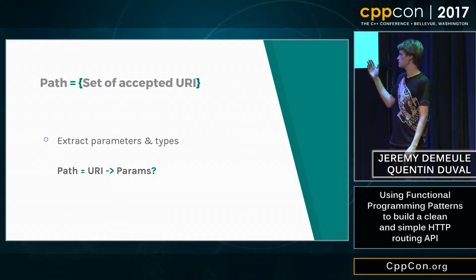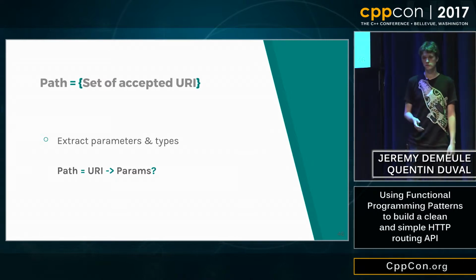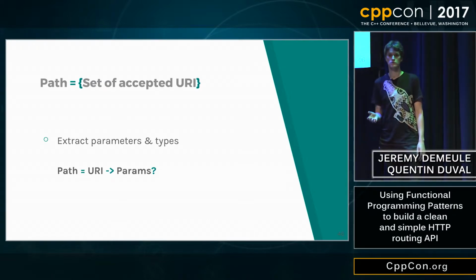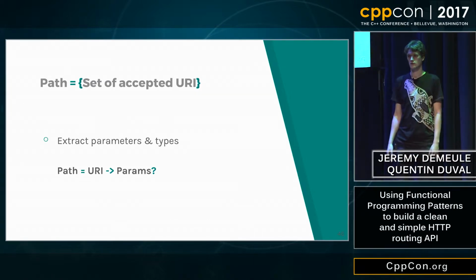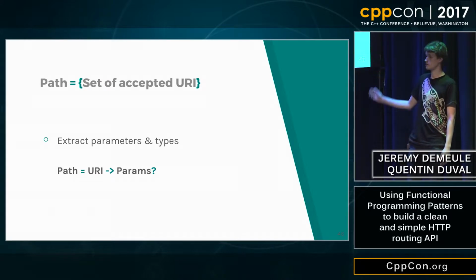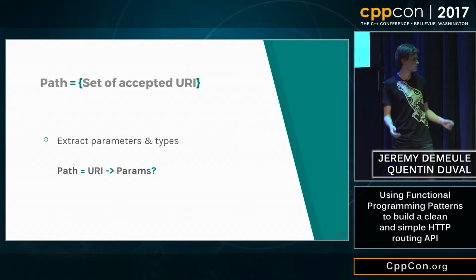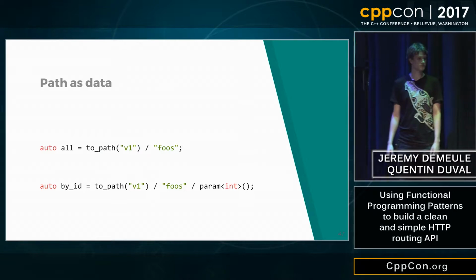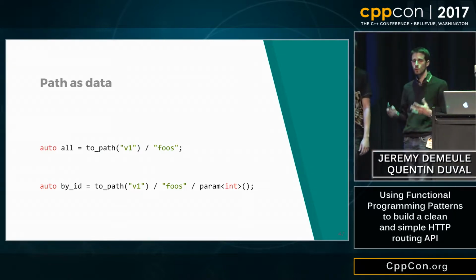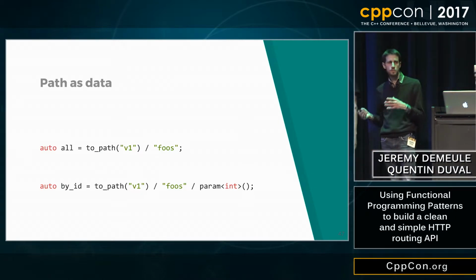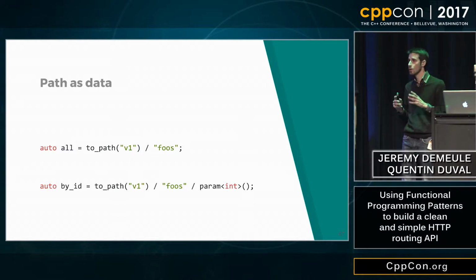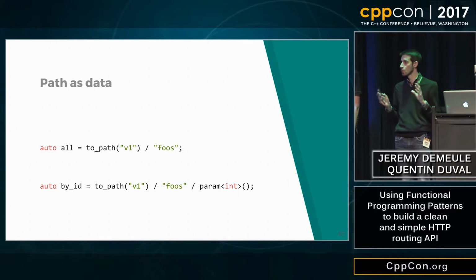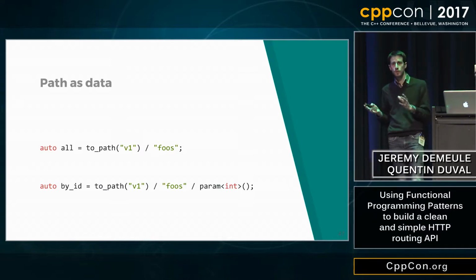So if we do this, we're going to refine our concept to extract the parameters and their types. And that gives us the definition of a path, which is a function from a URI to an optional tuple of parameters. Why is it optional? Because we may not match. So that's the semantic model. How would you translate it into code? Into code, we choose to not have a direct mapping from the semantic model to the code, but to keep only data. The transformation from URI to parameters doesn't appear here.